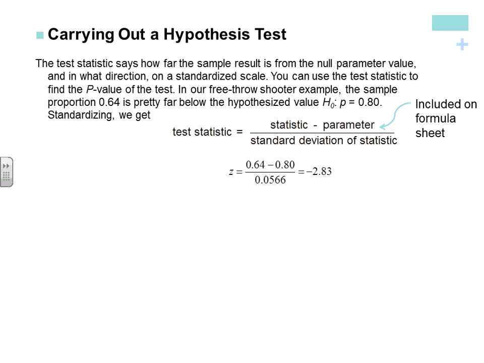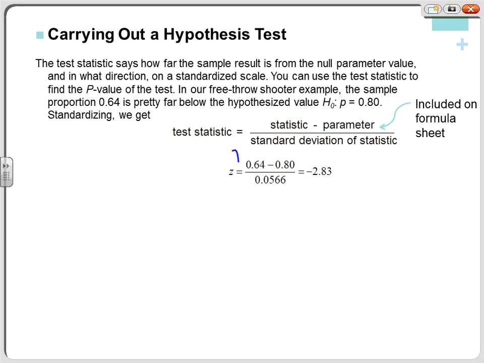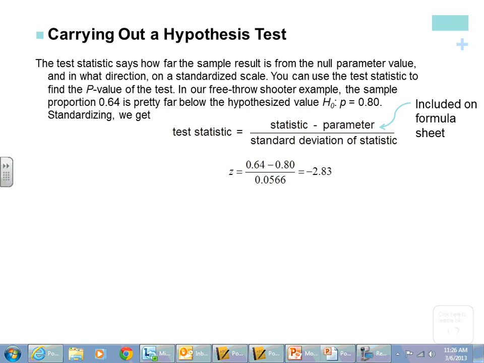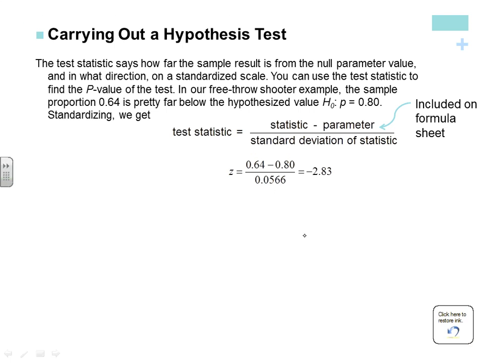If you remember, this is your statistic minus your parameter over your standard deviation. You can see that this has a z-score of negative 2.83. Gosh, you are almost 3 standard deviations away from the mean. That is going to be really rare. And that's on your formula sheet if you want to make sure you know your z-scores.